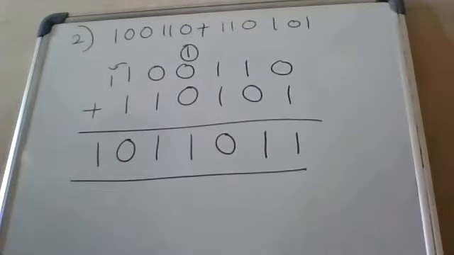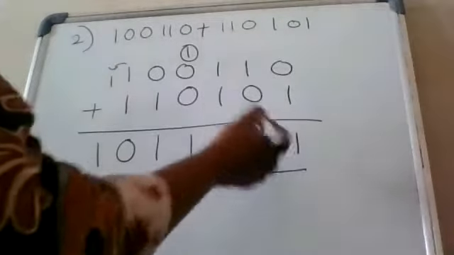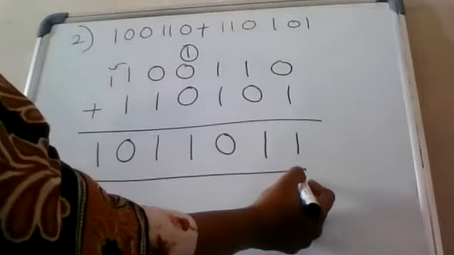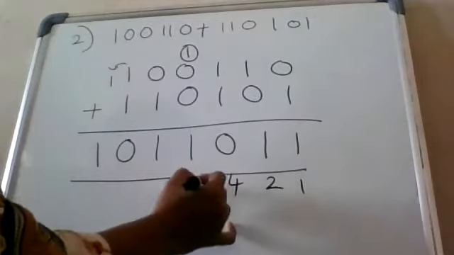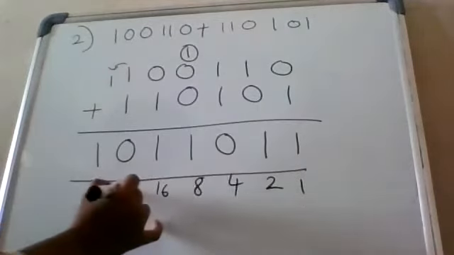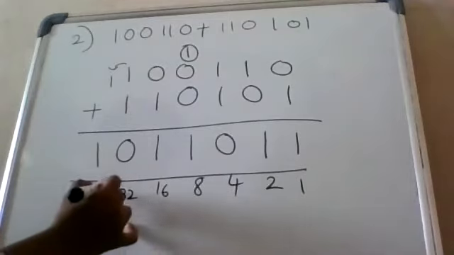If we want to check whether the answer is correct or not, then we can calculate. 2 power 0 means 1, 2 power 1 means 2, 4, 8, 16, 32, 64.